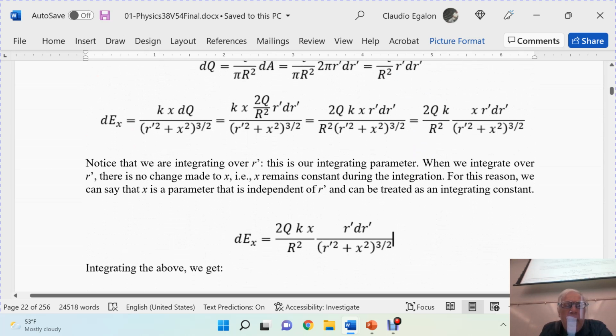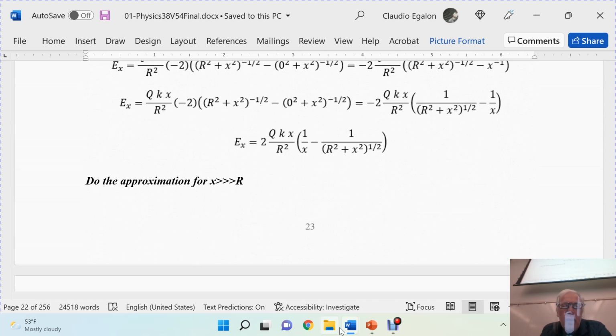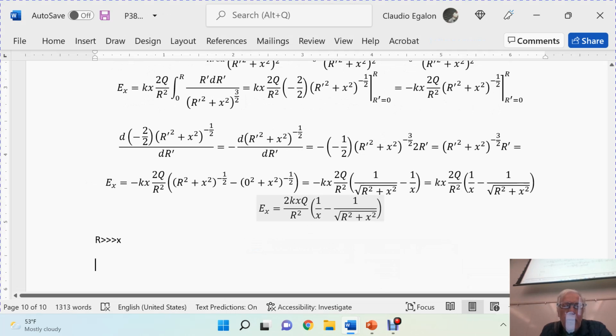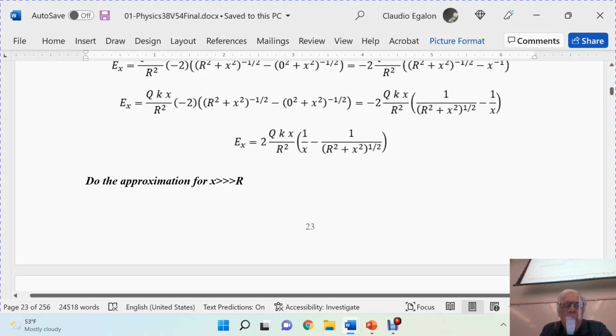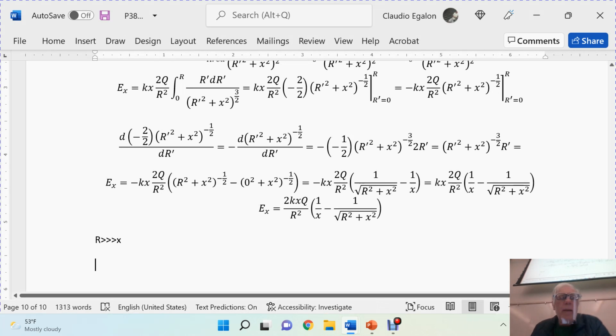Let's compare my notes with what I got there, which I did on the fly. 2kqx r squared. Good. 1 over x. Yeah, r squared. No problem. Okay.